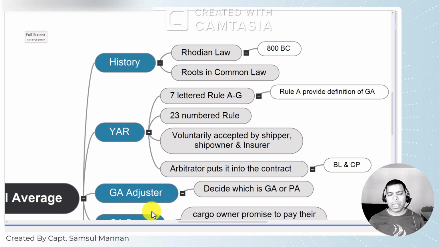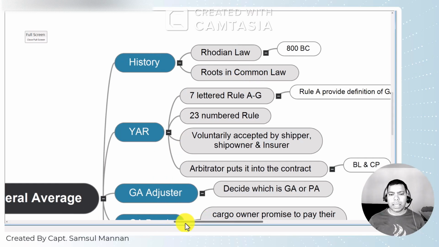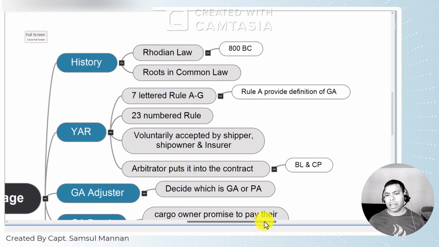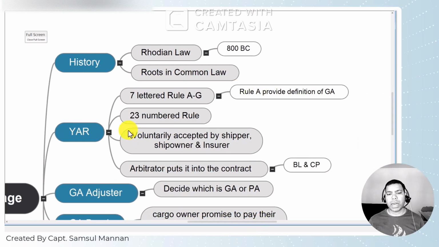For general average, there is a law, we call it the York-Antwerp Rules. I'll discuss the York-Antwerp Rules in another lecture, but in short, the York-Antwerp Rules have 7 lettered rules from A to G and 23 numbered rules, right? Rule A of the York-Antwerp Rules provides the definition of general average.